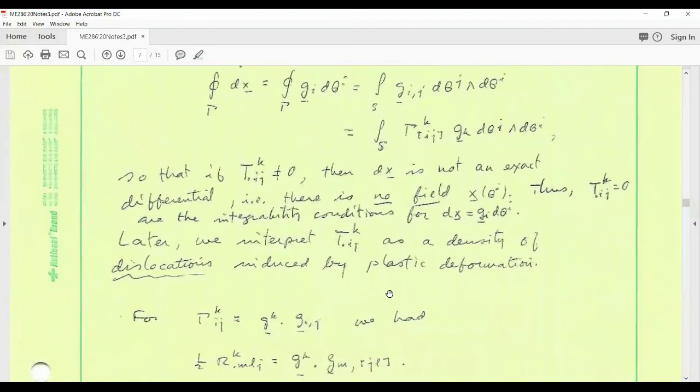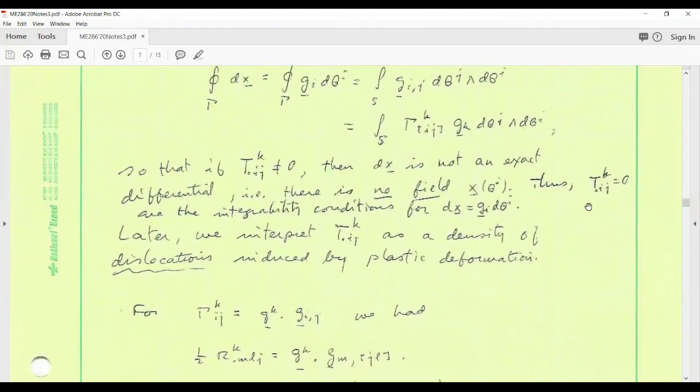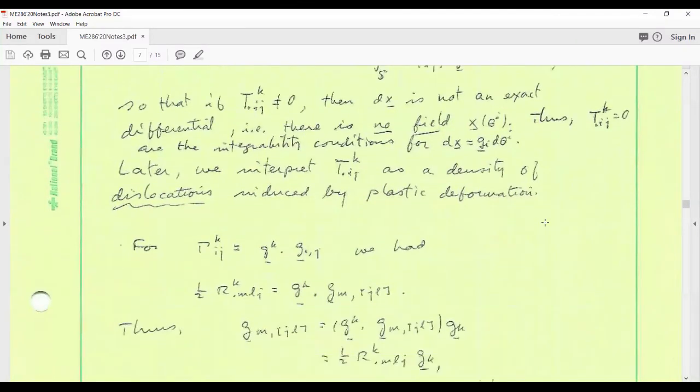Okay. So in fact, the vanishing of the torsion tensor gives you the conditions under which this can be integrated to give a position field in the surrounding space. Later, we'll see in our theory of plasticity, the torsion tensor is nothing other than a density of dislocations induced by plastic deformation.